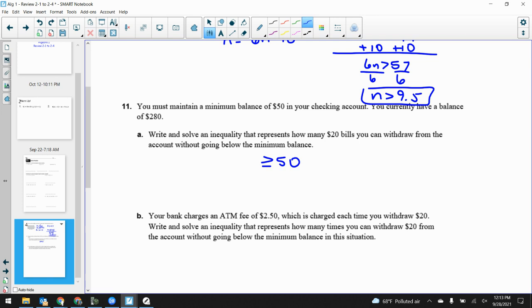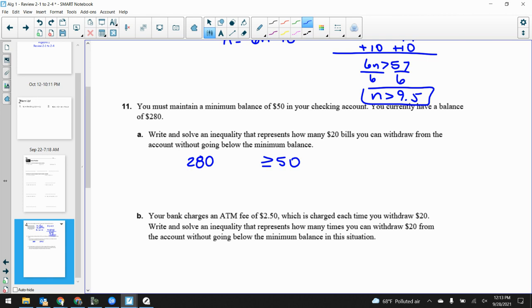Now, I already have $280 in there. I'm going to withdraw $20 bills. What does it mean when I say withdraw? Does that mean take away or add in? Take away, right? I'm going to take out $20 bills.